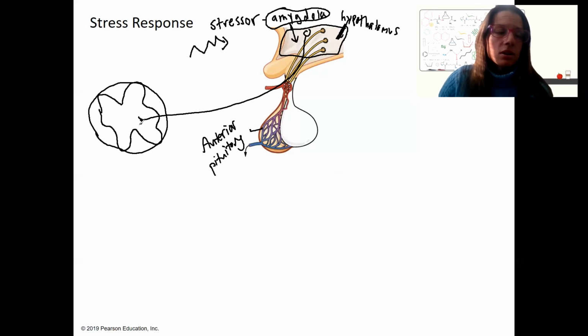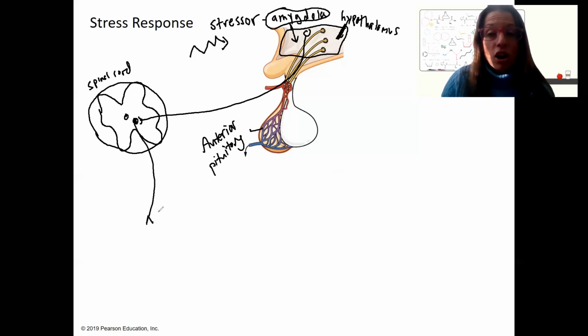There's a synapse here, and it's going to go from the spinal cord then. Here's our central canal. Here's our second neuron. Where does the spinal cord project to? We're talking about the short-term stress response. It's going to project, remember, this is part of our autonomic nervous system.